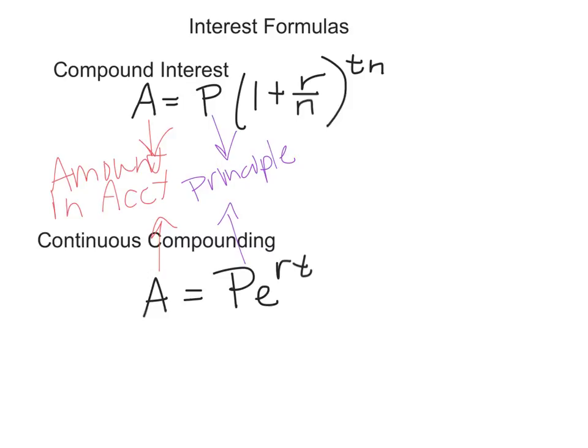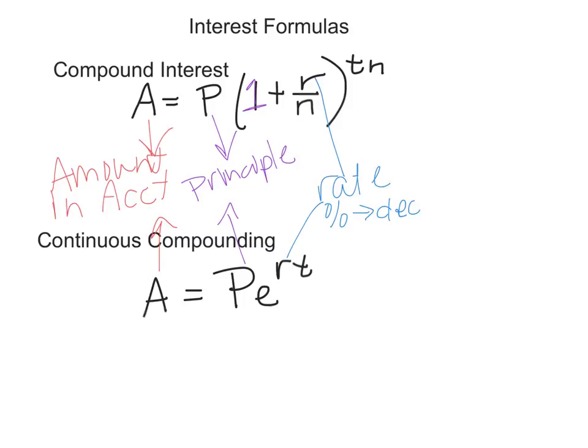Cool. Then for this top one, you just have your number 1 here, so that's just a number. Then R for both of these is a rate. Now, rate is a percent. In order to work these problems, you're going to have to take your percent and convert it to a decimal. When you convert it to a decimal, that's what you use in your formula.